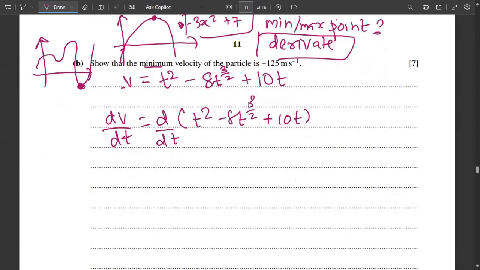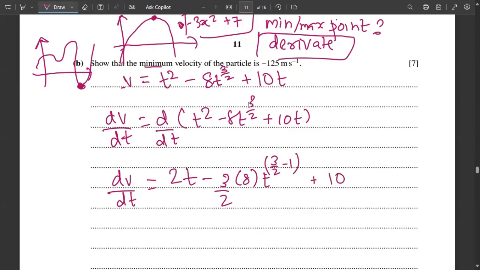Therefore, dv upon dt is equal to 2t minus 8 times 3 upon 2, and this 3 upon 2 minus 1. Wait, let me write that in a proper fashion. This will become 3 upon 2 into 8 into t raised to 3 upon 2 minus 1 plus 10.